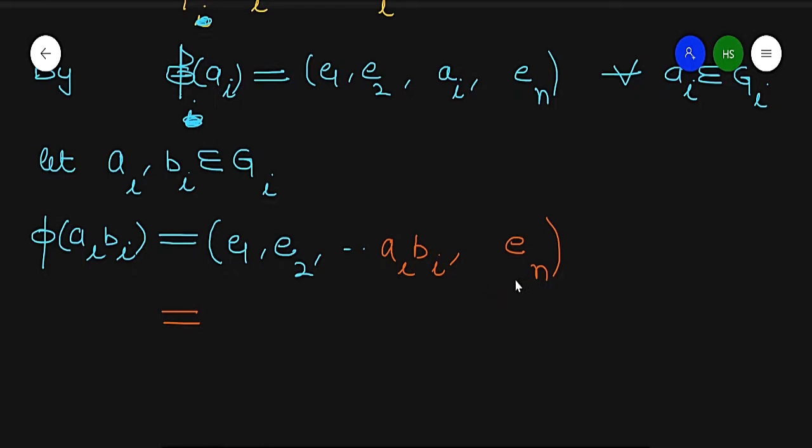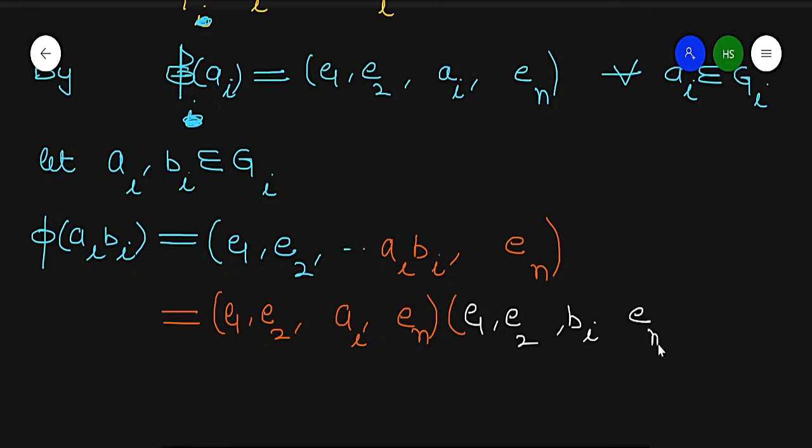If we split as a product, this will become (E1, E2, ..., ai, ..., En), and this value is again (E1, E2, ..., bi, ..., En). So this value is equal to phi of ai into phi of bi.